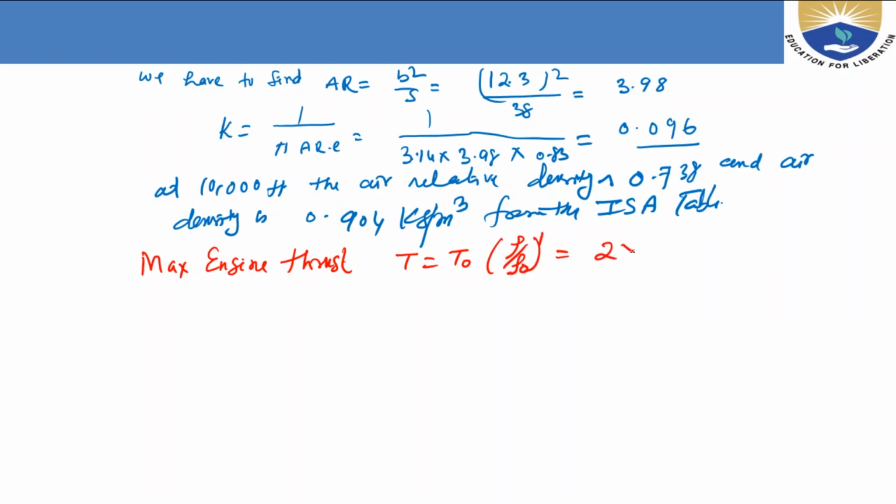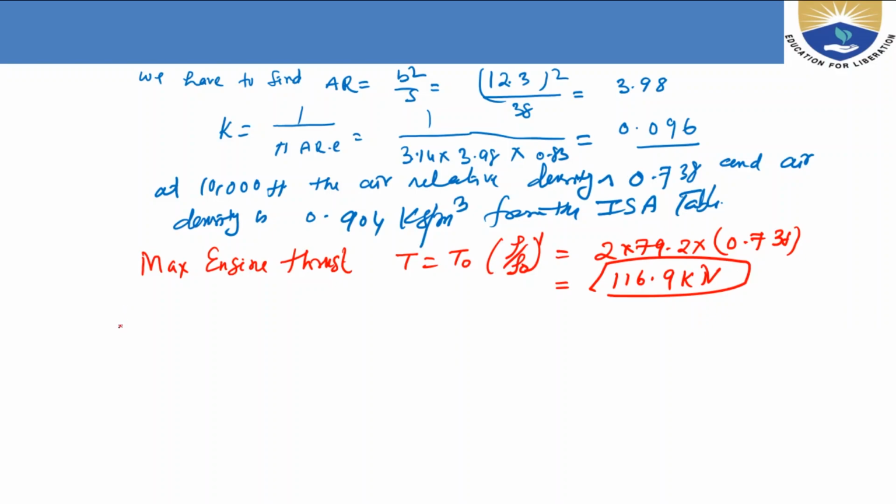T naught is 2 into 79.2 into 0.738. So you will get 116.9 kilonewton. So at that altitude we will have this much thrust.